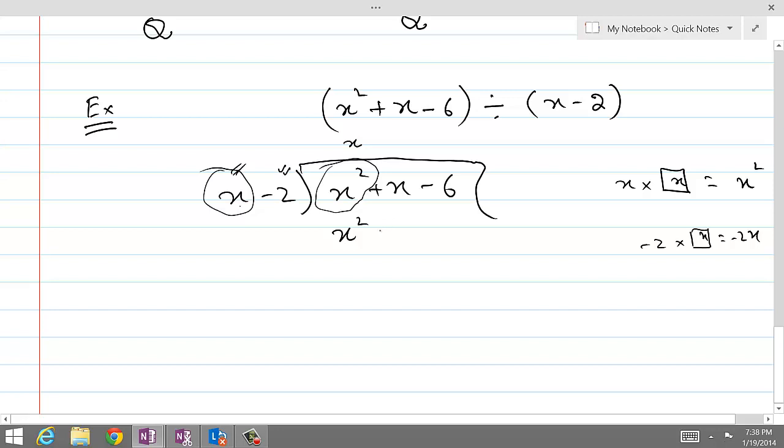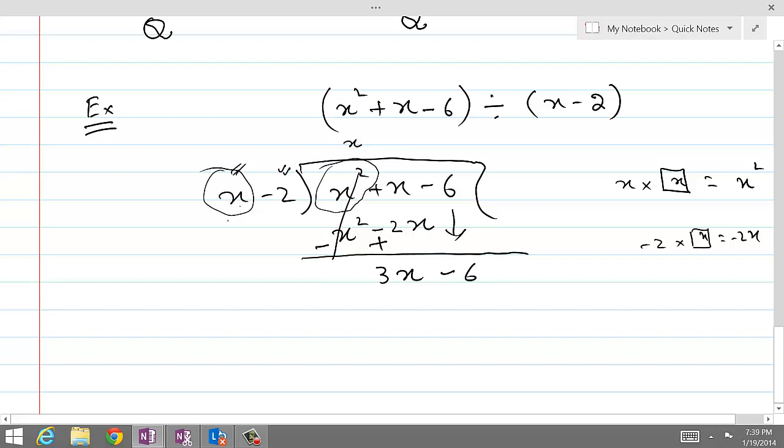So this is minus 2x here, and now for subtracting, change the signs, and x square take away x square will give us 0, and x plus 2x now will give us 3x, and then take that 6 down, this is minus 6.